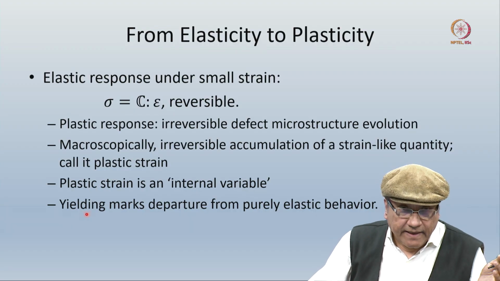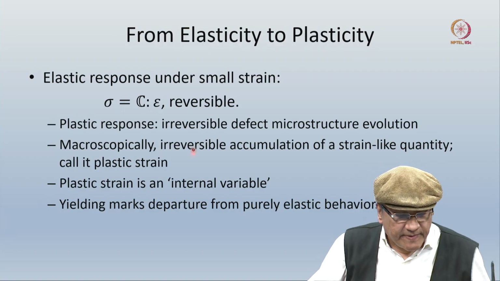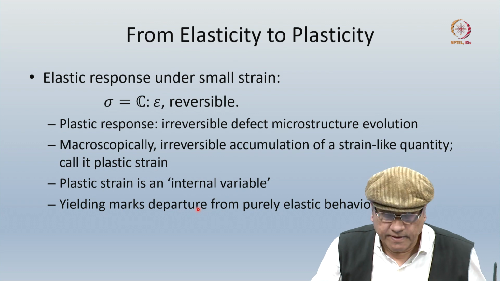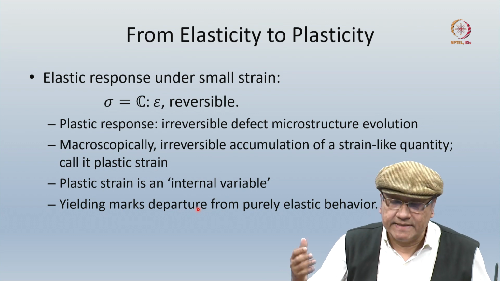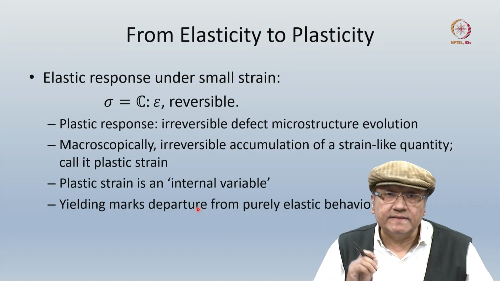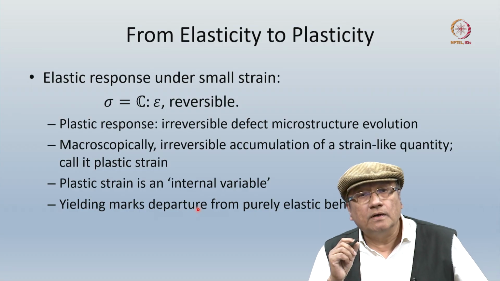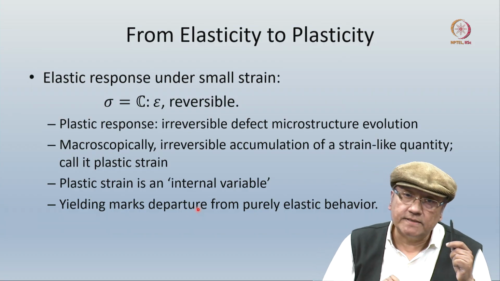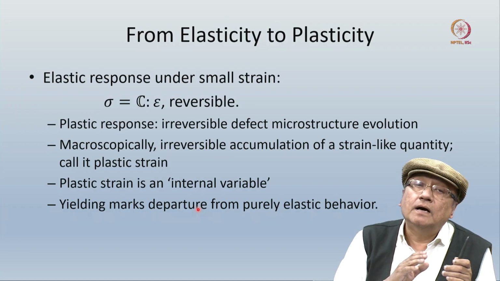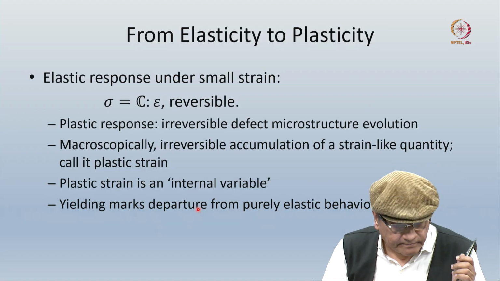Now, yielding, which is the plastic yielding, basically marks a departure from a purely elastic behavior in the form of dissipation setting in, right. So, before we discuss this, there is one small aspect that I need to bring to your notice, that is, we will be discussing small strain elasticity, which will transit to plasticity.